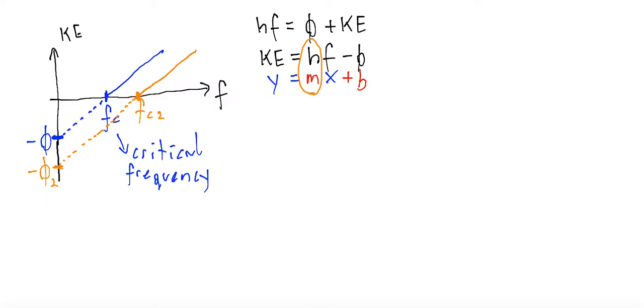Of course, if another amount of energy is needed, there must be another critical frequency, and the graphs must be parallel, because the gradient represents Planck's constant. If the gradient is a constant, then it must be the same angle between the line and the x-axis. So the lines are parallel.